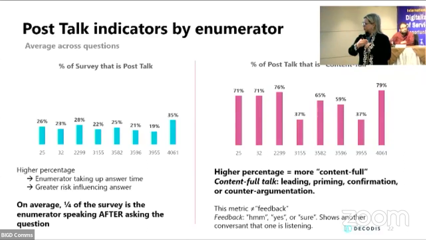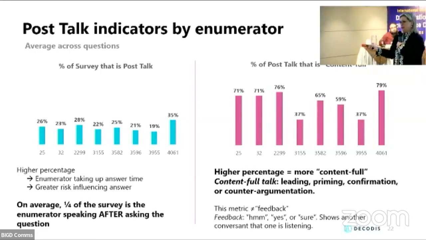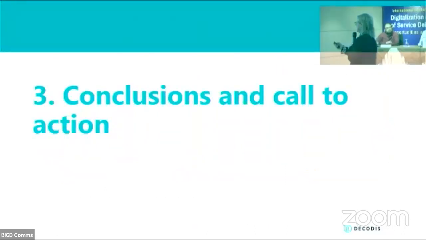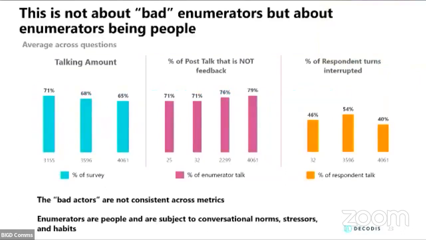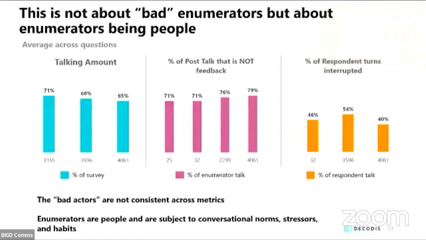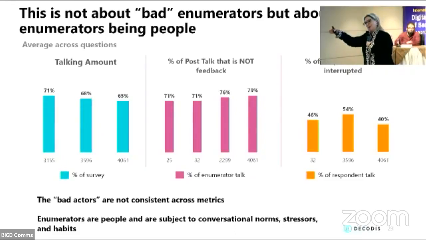So, you say it's good? Oh, well, that's what you mean? That type of thing. And it ended up being a lot more leading. Now, the point here is not really that these enumerators need to be trained better, or that they're bad enumerators. What we found is the different enumerators were bad in their own way.